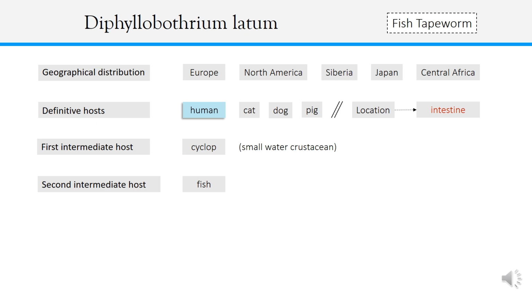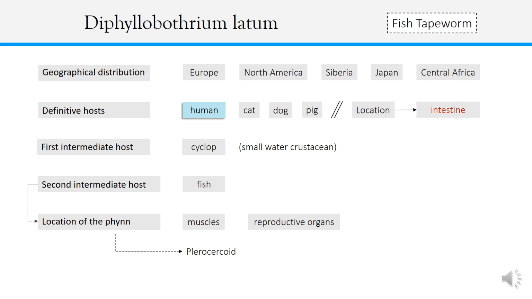Inside the fish, the location of the fin is muscles and reproductive organs. The name of the morphological form of the fin characteristic for Diphyllobothrium latum is plerocercoid, and the disease is called Diphyllobothriasis.